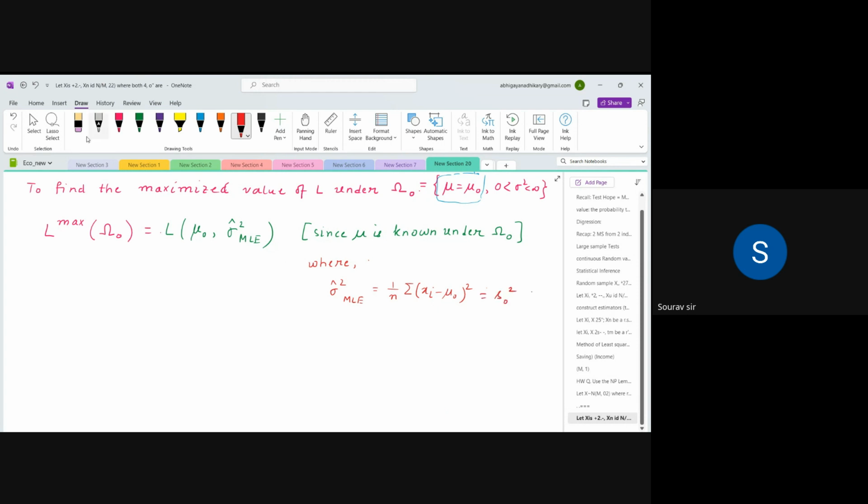So the likelihood function would be 1 by sigma hat square 2 pi to the power n by 2 e to the power minus 1 by 2 sigma hat summation xi minus mu naught whole square.